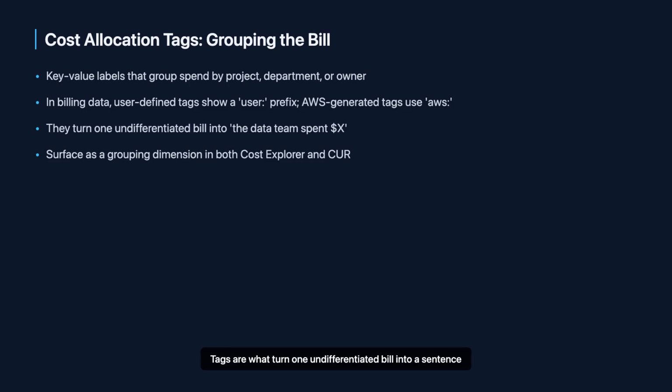Tags are what turn one undifferentiated bill into a sentence like the data team spent this much. And once they're working, they show up as a grouping dimension in both Cost Explorer and the cost and usage report.